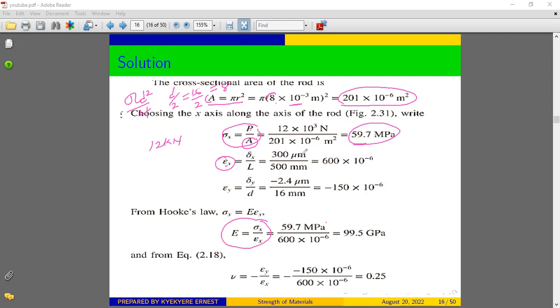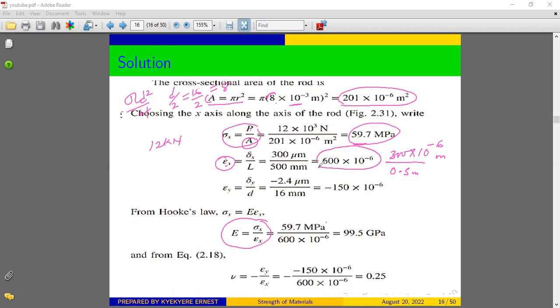We have 300 times 10 to the power negative 6 meters over 0.5 meters. I believe that was what was given in the question. Yes. And from there, we can get our strain.